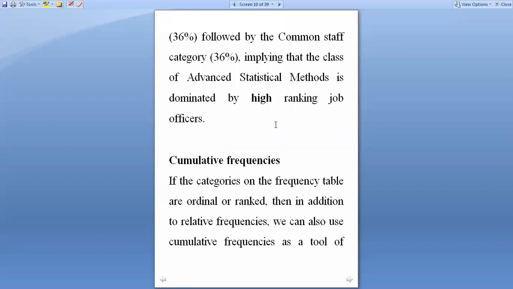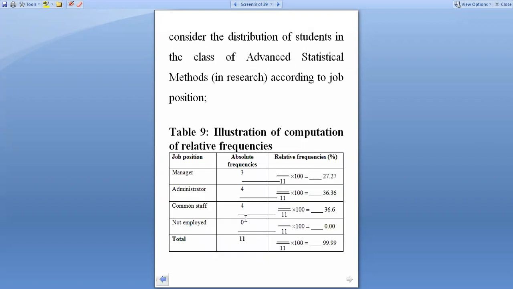Because when you look at these results here, you will find that the manager and administrator categories are contributing more than 60% of the total, while the common staff and the not employed, which are the lower categories, contribute only 36.6%.